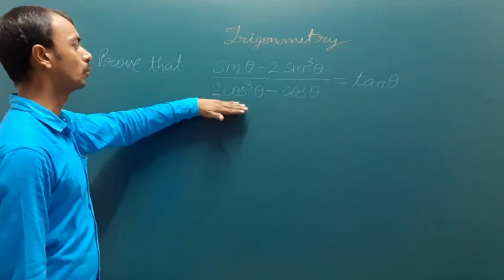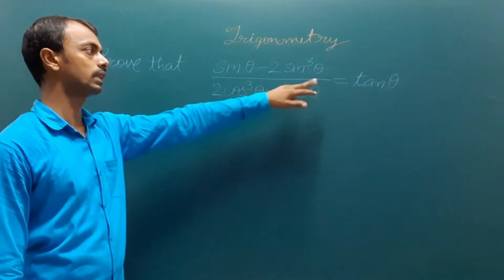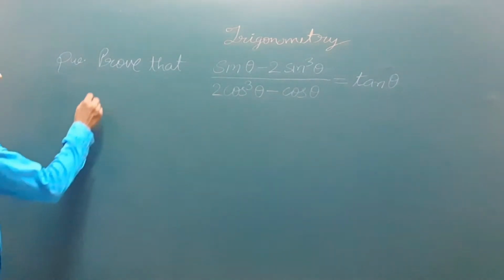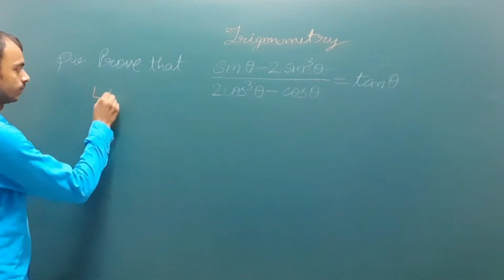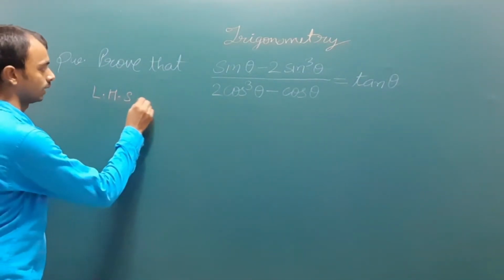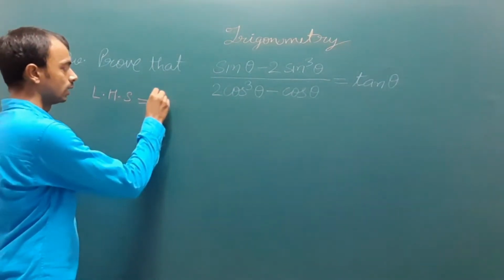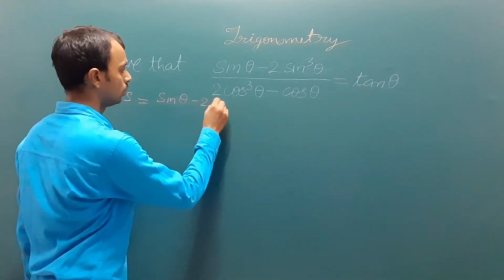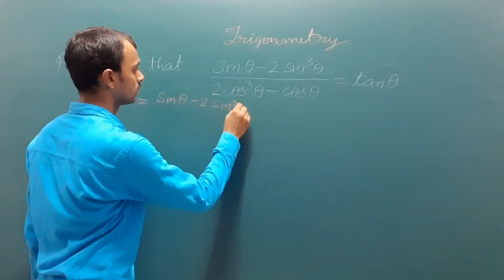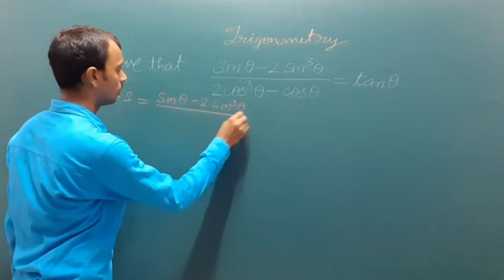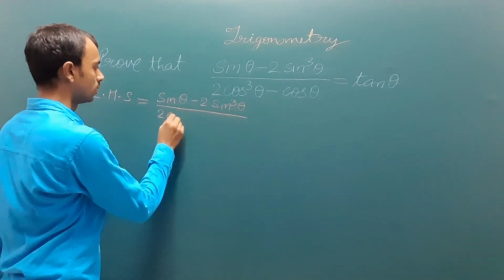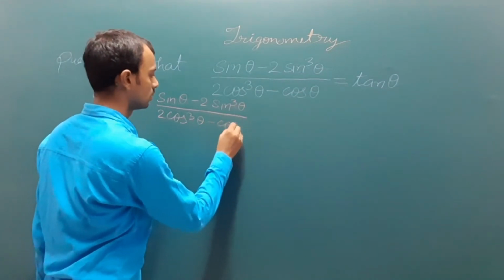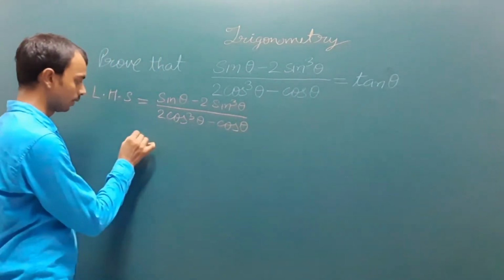Now let's consider another question, that is prove that (sin theta minus 2 sin cube theta) upon (2 cos cube theta minus cos theta) is equal to tan theta. What I have to do, let's consider left hand side. Now left hand side is sin theta minus 2 sin cube theta upon 2 cos cube theta minus cos theta.